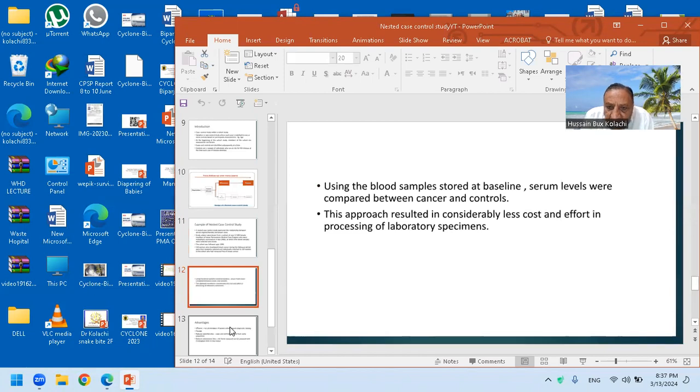Using blood samples, because to collect blood samples from 57,000 for a long time and then analyze them was difficult, but the samples were already in the laboratory, preserved under laboratory conditions and protocols. When the cases of cancer developed, they compared the serum level of organochloride.